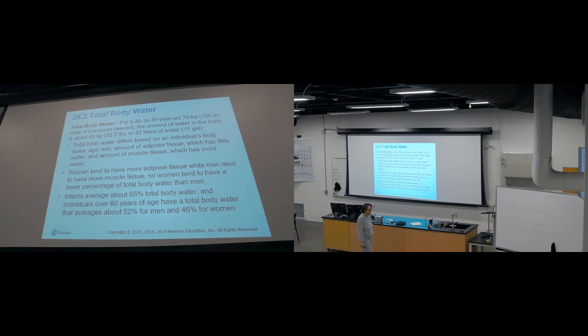So basically that would be out of your body weight. So for a female that is 100 pounds in weight, 50% will be 50 pounds of water. If it was a male, it would be 60 pounds of water.